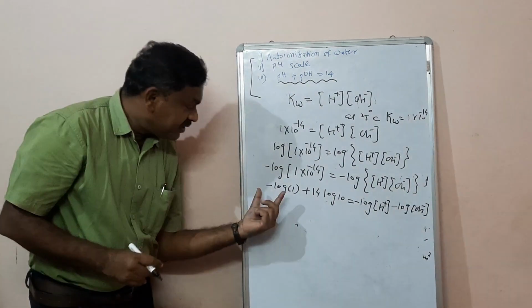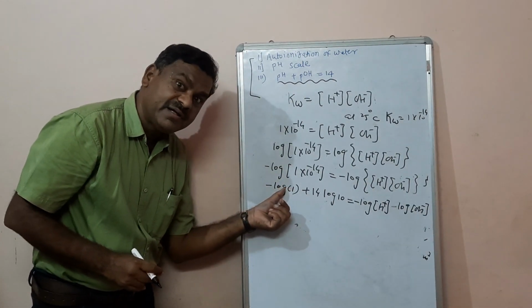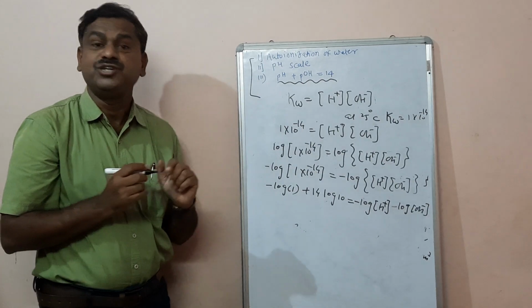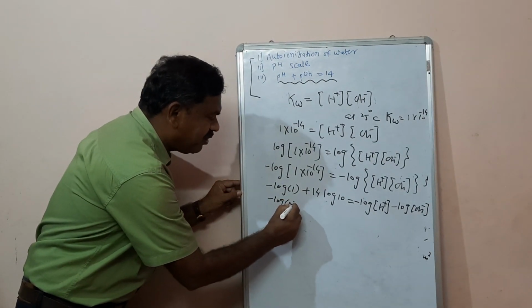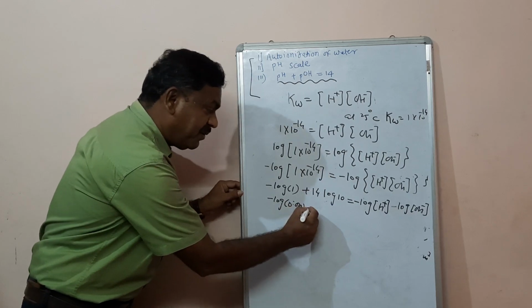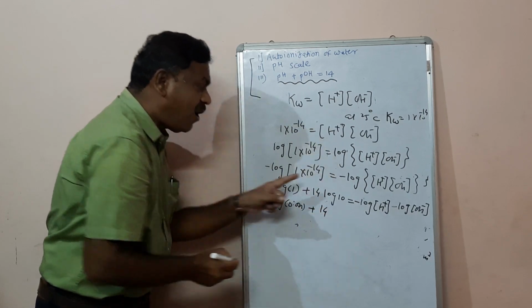Now, minus log of 1 is nothing but 0, and plus 14 log 10.